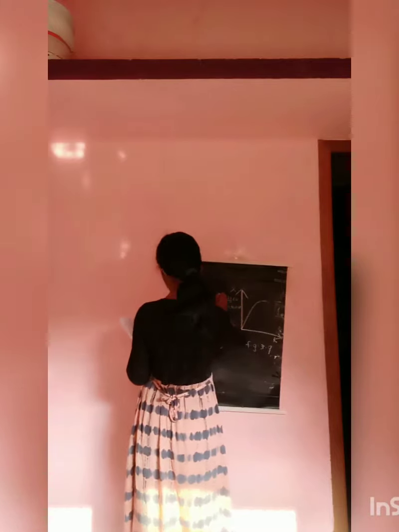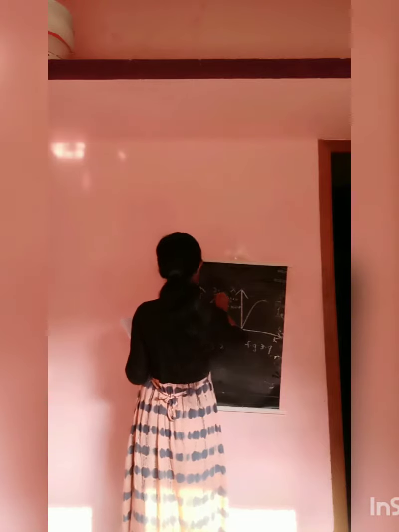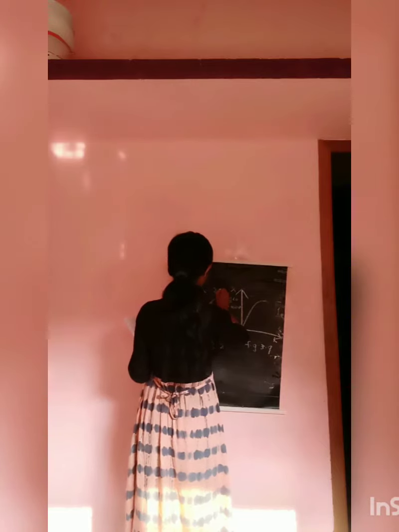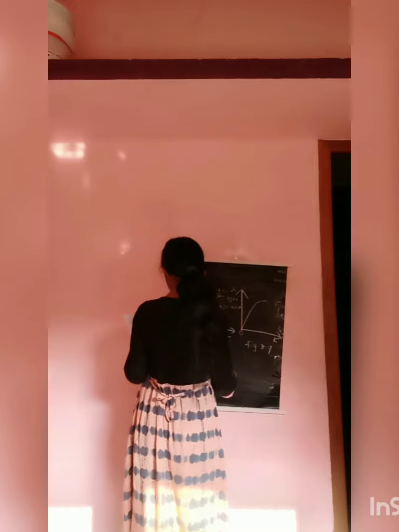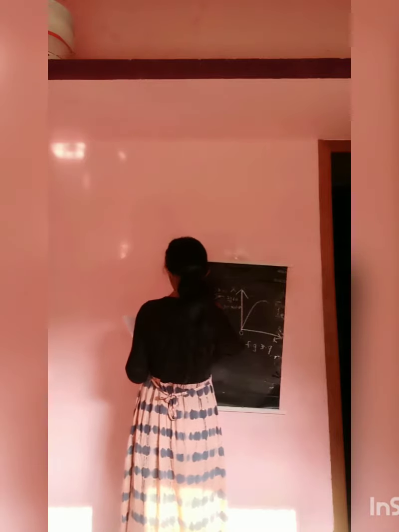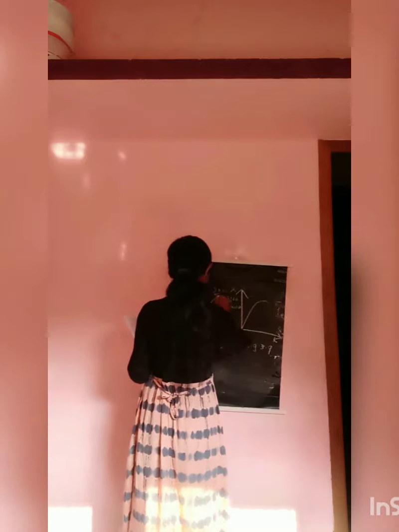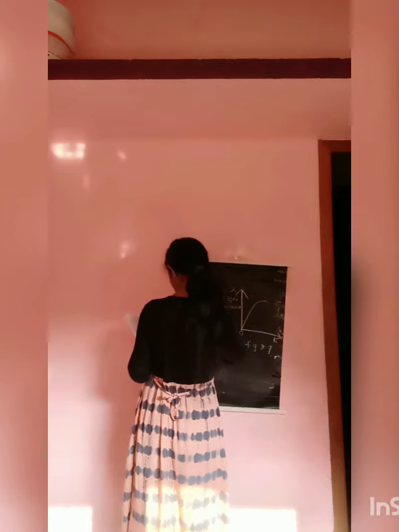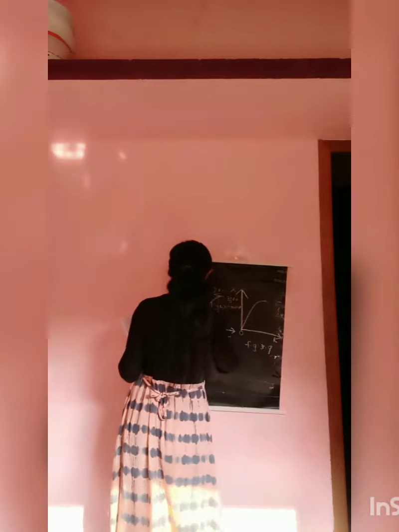At this point, dou X by dou L equal to 0. This point we will name as A dash. This point we will name as B dash.